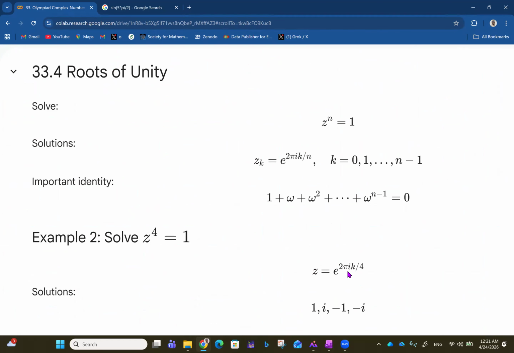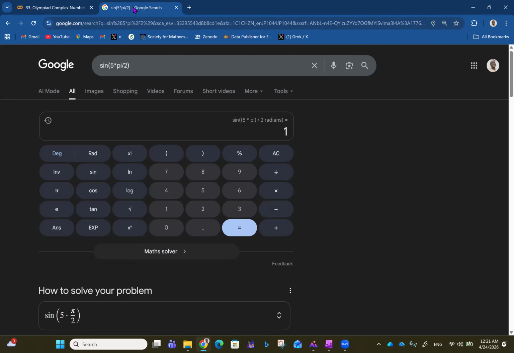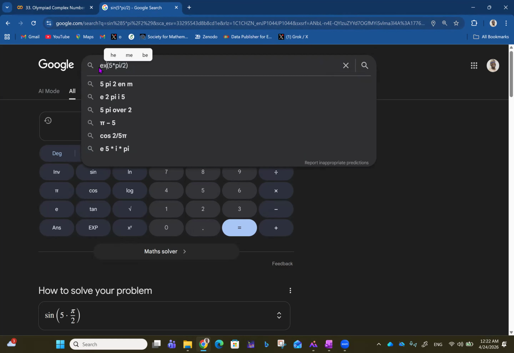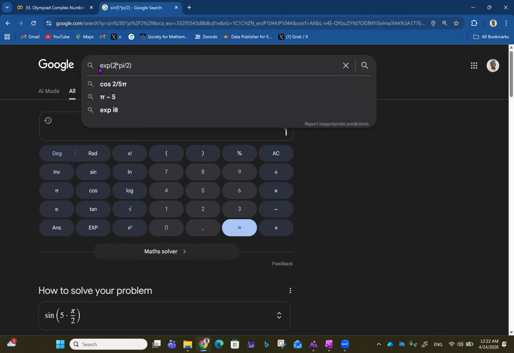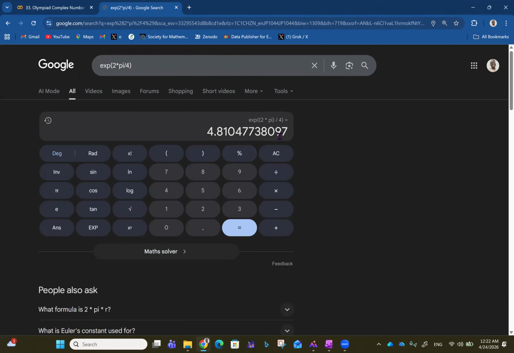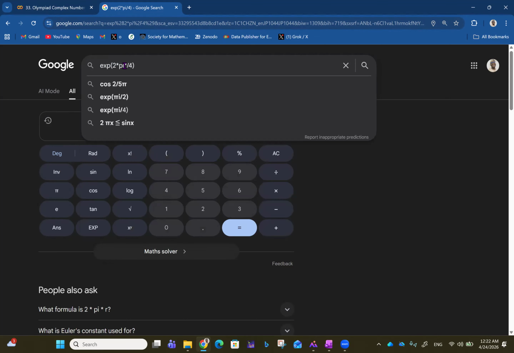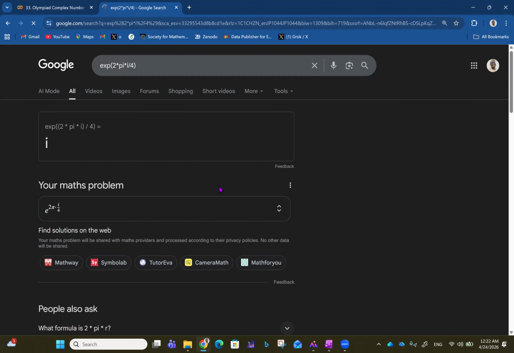Now, of course, it was easy to get when you put 0, right? It was easy to get that. But when you put 1 for k, you have 2 pi I over 4. So what you just do is come here and take the exponent of 2 pi I over 4.